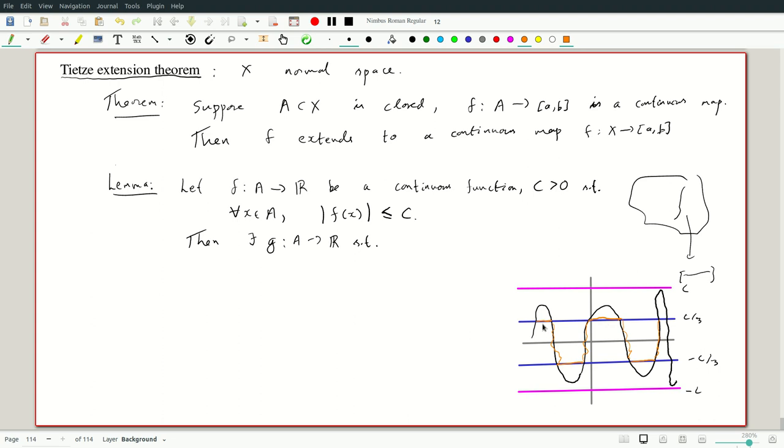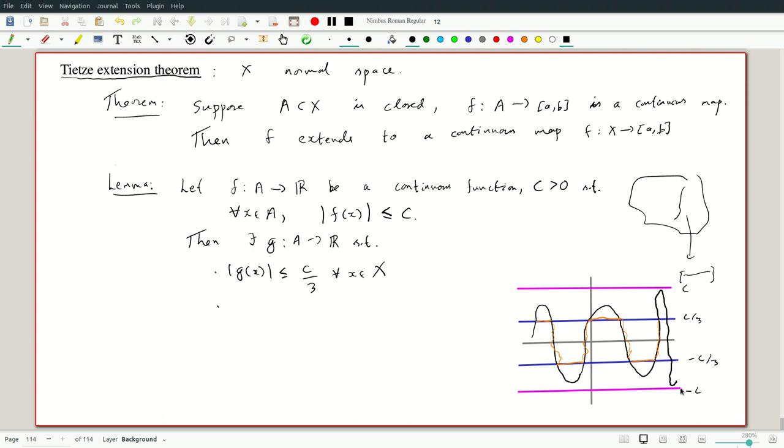So what do we know about the function? First of all, we'll know the function itself is going to be between C/3 and minus C/3. So let's record that: mod g of x is less than or equal to C/3 for all x in X, all of it. And secondly, because of the way we control it, above this region, g will be C/3, and f is between C/3 and C. So the difference between them is at most 2C/3.